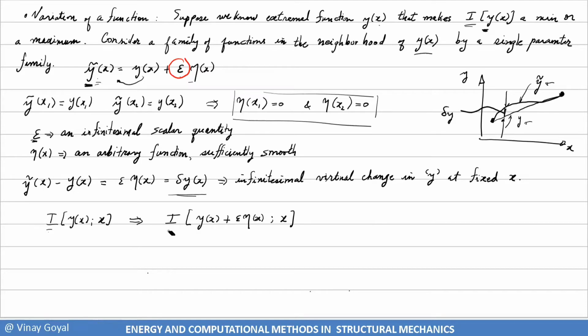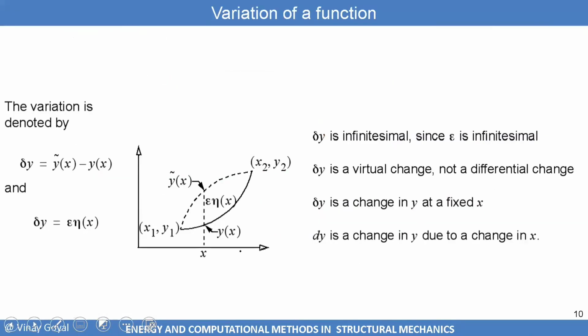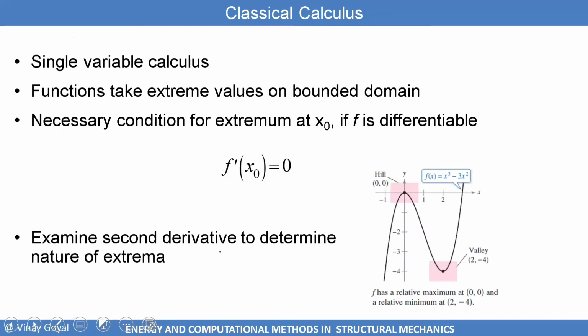So what I've really done is, for y, I have plugged in y tilde. I'm evaluating this function I by plugging in y tilde instead of the real solution y. And so that changes the problem. And so to give you perspective on what we've done, let me take you back here.